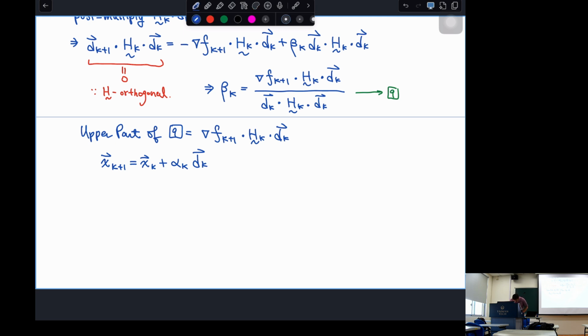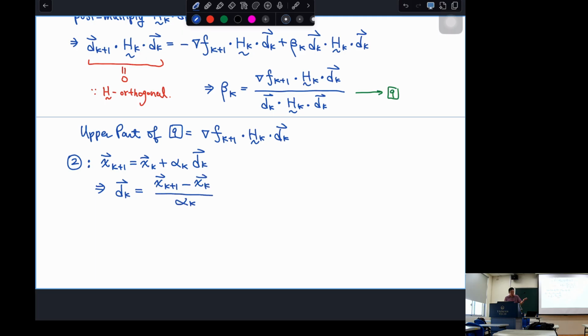Since equation 2 said this is how it looked, dk actually can be rewritten as xk plus 1 minus xk over alpha k.